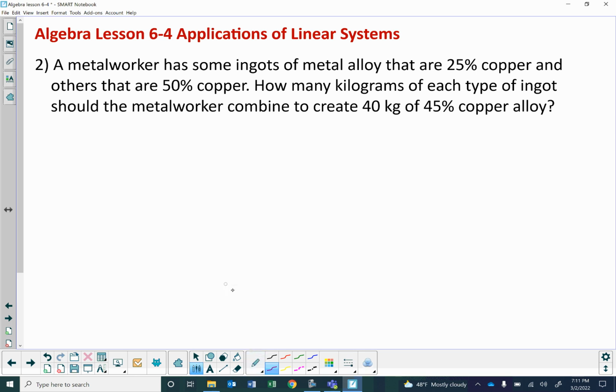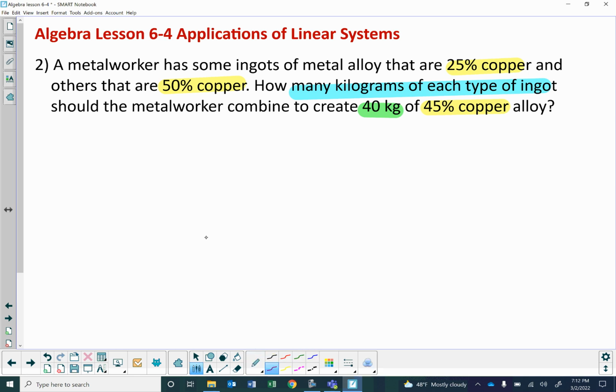Okay, what do I know and what do I need? They have metal alloy that's 25% copper and others that is 50% copper. And we're looking to make a mixture that is 45% copper. We have a total of 40 kilograms. And we're asked to find how many kilograms of each type we need to combine.